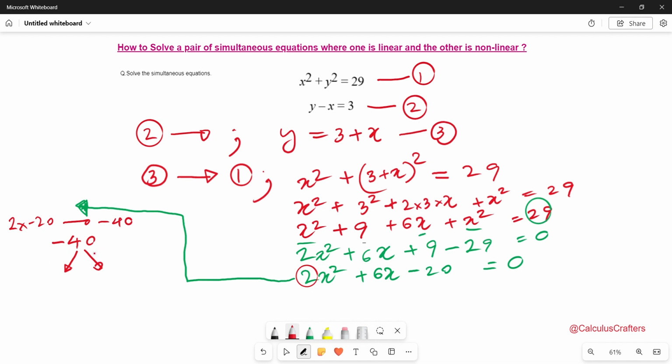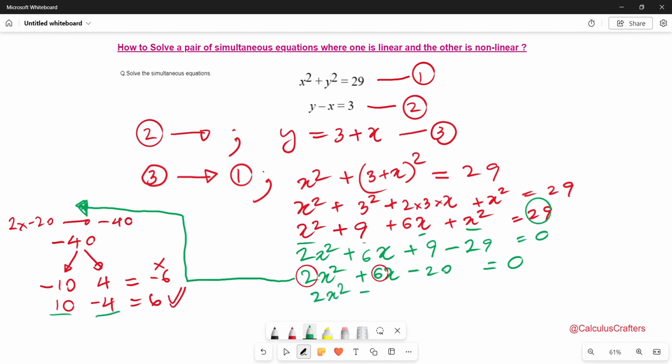So negative 40. Let's try negative 10 times positive 4, because if you add them you will get negative 6 as the answer, but you want to get positive 6, so that is wrong. Let's try positive 10 times negative 4. Positive 10 and negative 4, you'll get 6. So these are the two factors, positive 10 and negative 4.